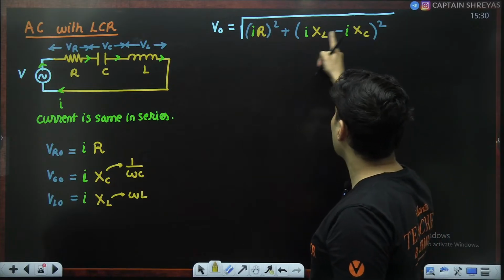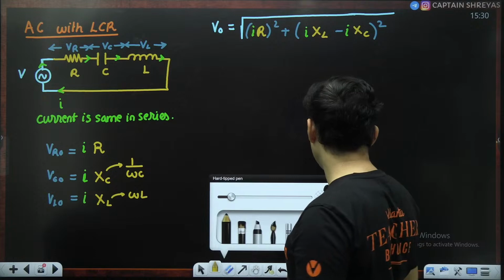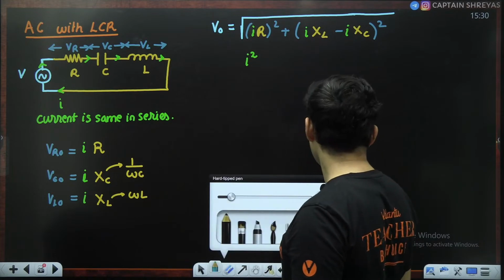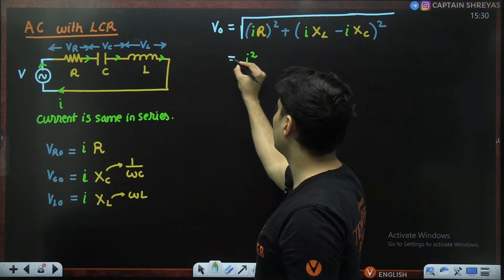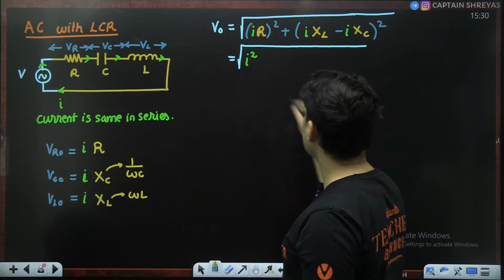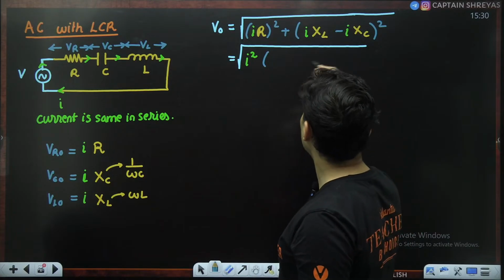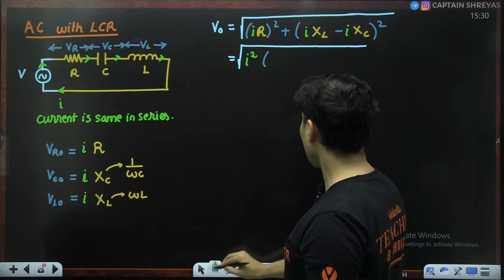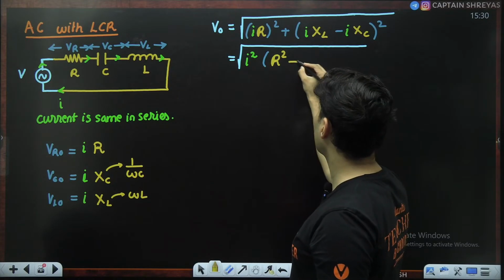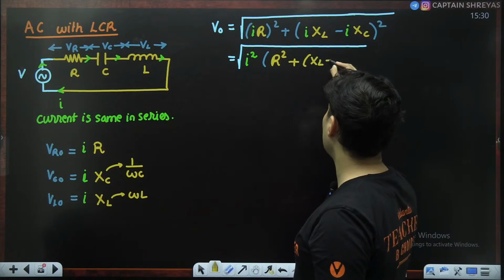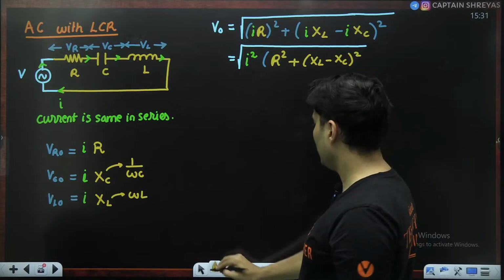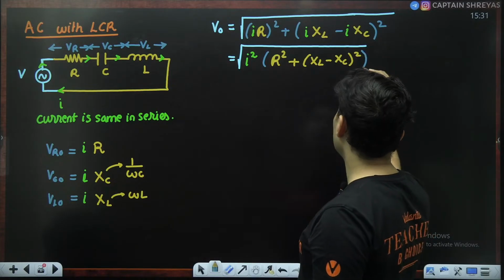As you can see, I square will come out common. And here we will have a big root. Okay. And inside the brackets, what will I have? I will have R square over here, and here I will have plus XL minus XC whole square. Okay, and this bracket complete.